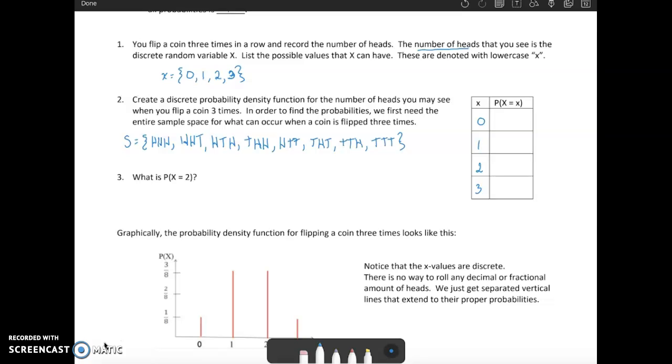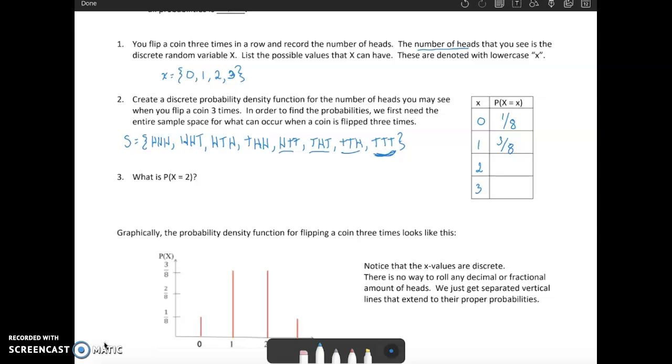So out of the 8, how many of them show 0 heads? That would be just this last one, so 1 out of 8, or 1/8. How many of these outcomes show only 1 head? That would be here, here, and here. So 3/8 probability of flipping 1 head.